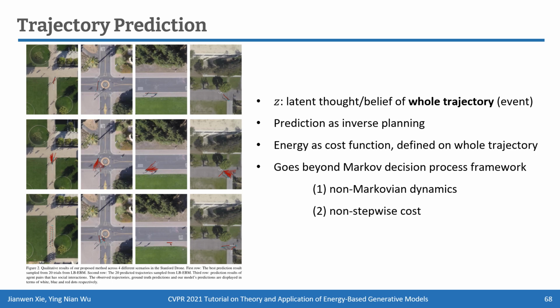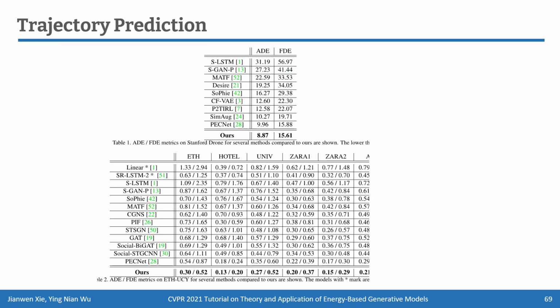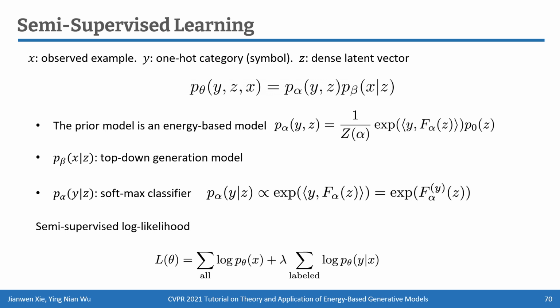And also, the value function is not a simple summation of stepwise cost. So this, I think, is a very useful generalization over the MDP framework, and it performed very well in terms of trajectory prediction. And this model can also be used for semi-supervised learning.